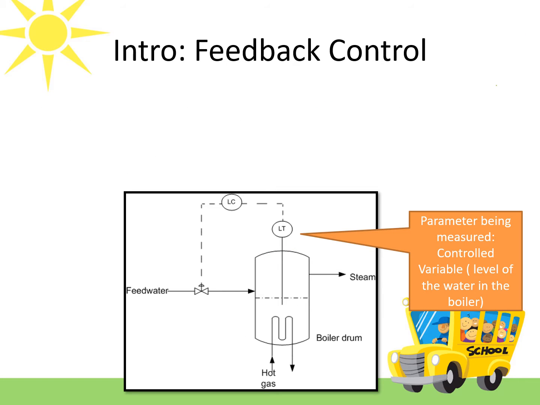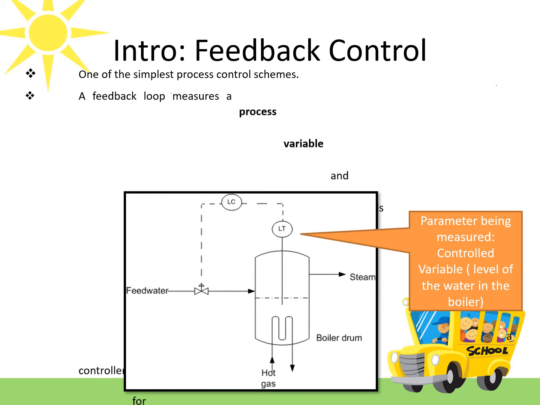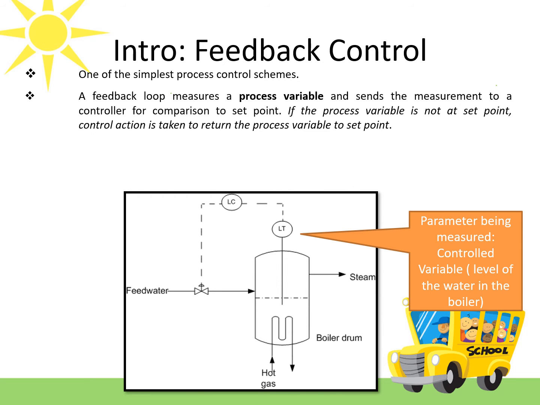Right, before we proceed with feed-forward control, let's recap on what is feedback control. As you know, feedback control is one of the simplest process control schemes. Feedback control will measure a process variable and then send the measurement to a controller for a comparison with set point.